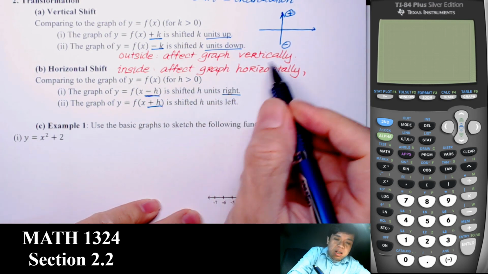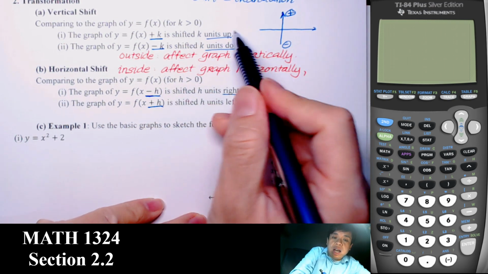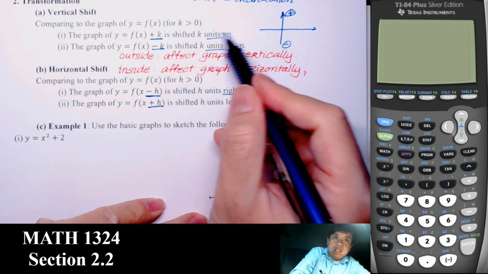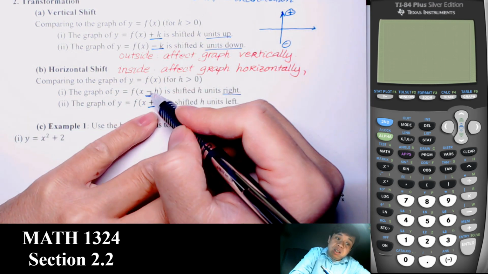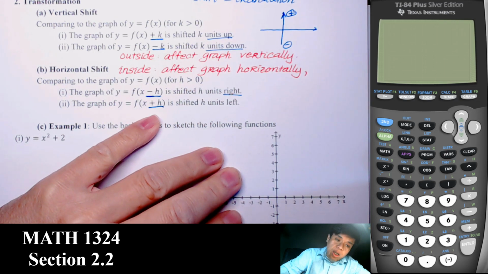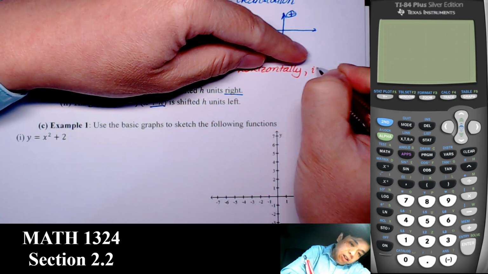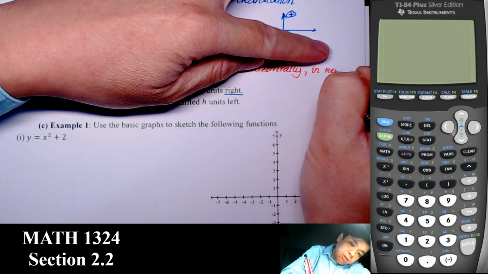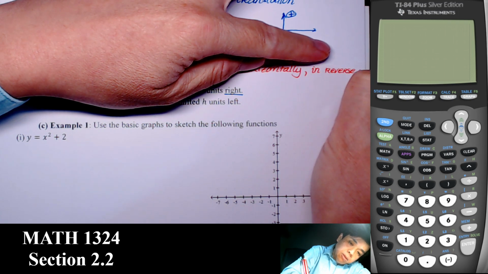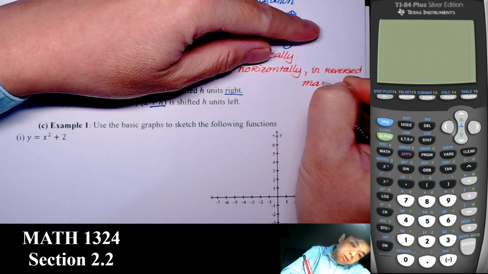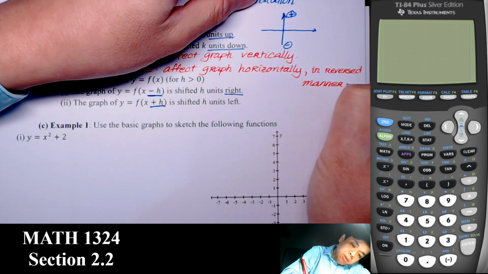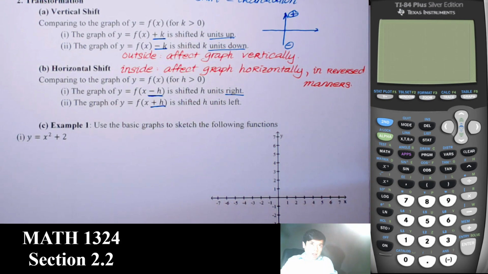If it's plus, it goes to the left. Usually the axis is positive on the right and negative on the left, so it's backward here. As you see throughout this section, as far as transformation goes, if it is inside, it will affect the graph in the reverse manner. So in general, that's how it works.